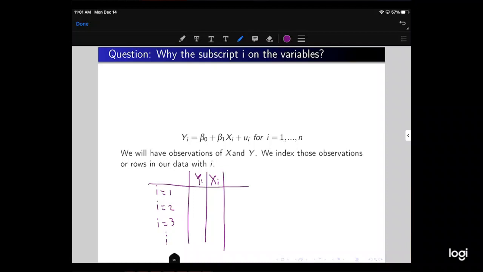The data set might look something like this: y1 might be 3, x1 might be 4, y2 might be 2, x2 might be 5, y3 might be negative 3, x3 might be 1, and so forth. So we're just indexing our data set with these i's. They're not complicated. They're not a mystery. They're just indexing the data set.